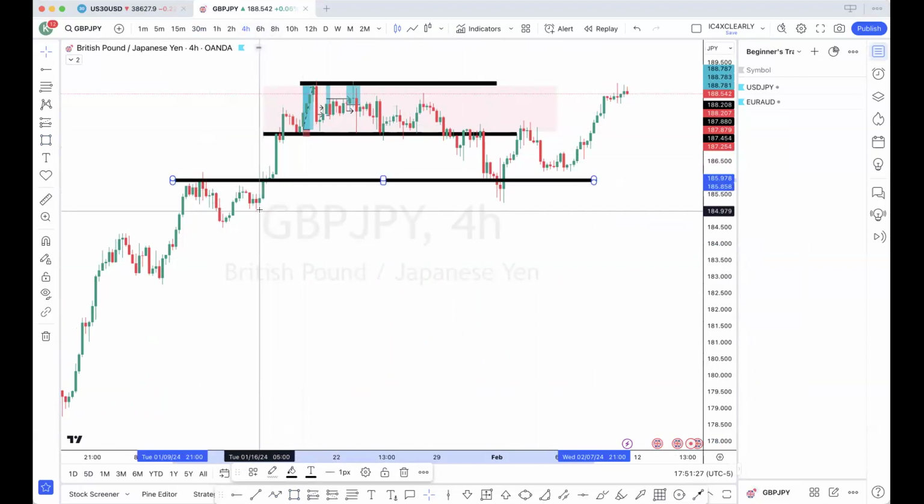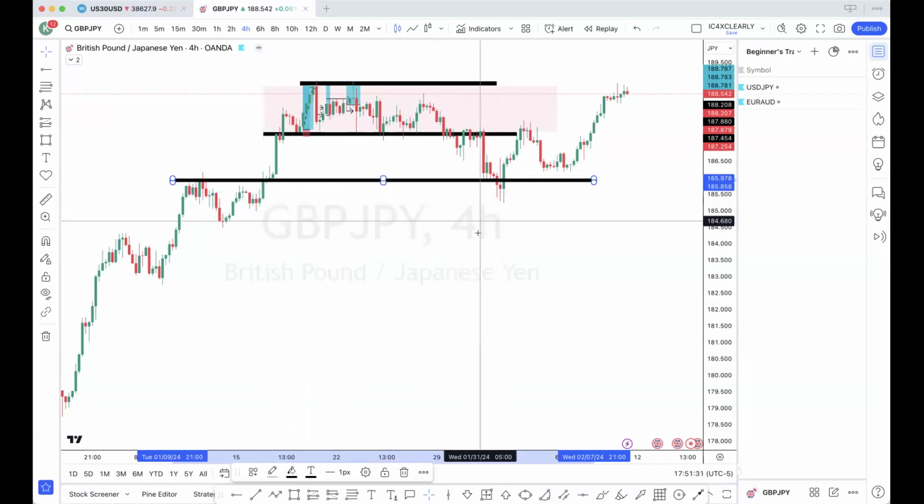There was even some imbalance in here. It didn't come back down to there, but it came back here. Pretty much broke back into the zone, broke through the zone, broke back into the zone with an order block, a bullish order block. So price came back into that zone and then back up to this zone.